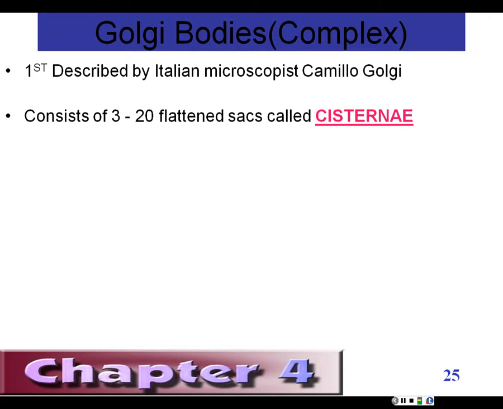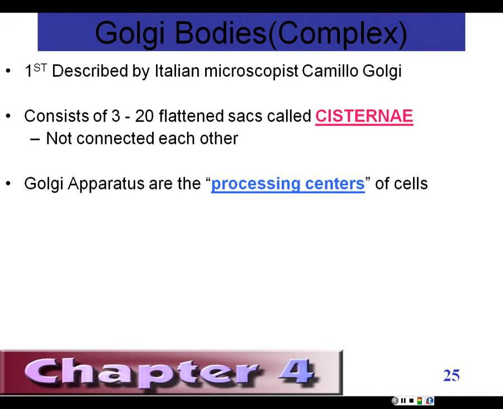And these words like cisternae, you want to make sure you know that they belong to the Golgi apparatus, because we're going to talk about cristae as well, which belong to the mitochondria, and you want to really get these names in the right places so that you're not confused when test time gets here. Again, we said that these guys were not connected to each other.